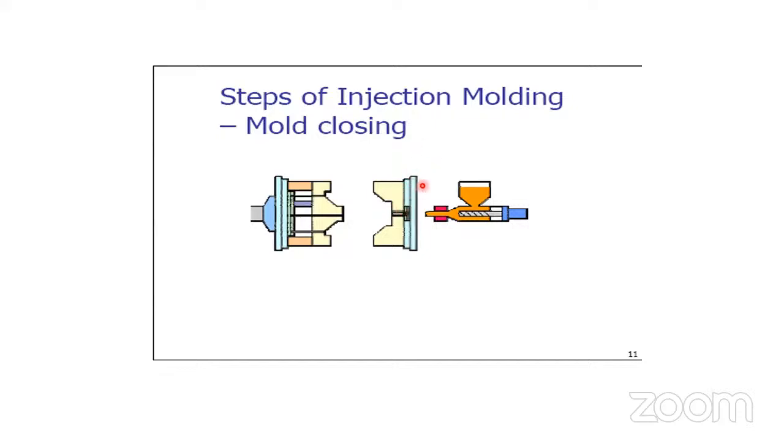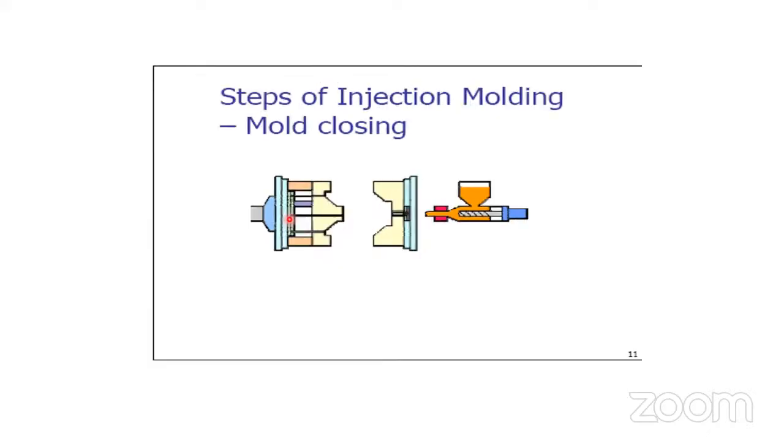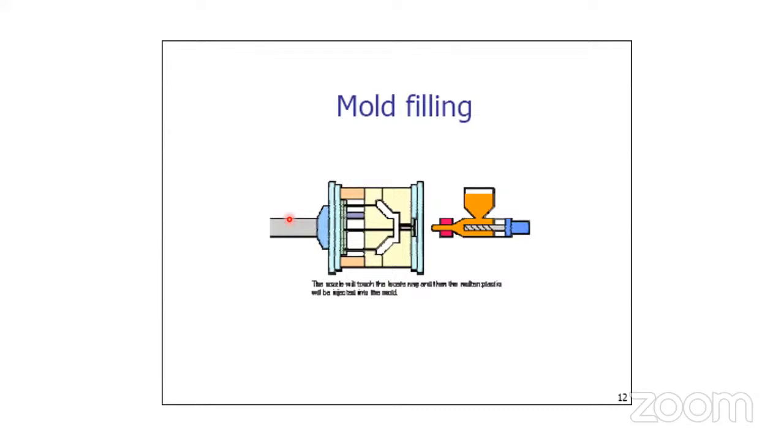Clamps are here, and by using the clamp and the Allen key, you can fix this female mold on the fixed platen and the male mold or core on the movable platen. This is the first step. Therefore, we have opened the mold first. Now, mold filling.